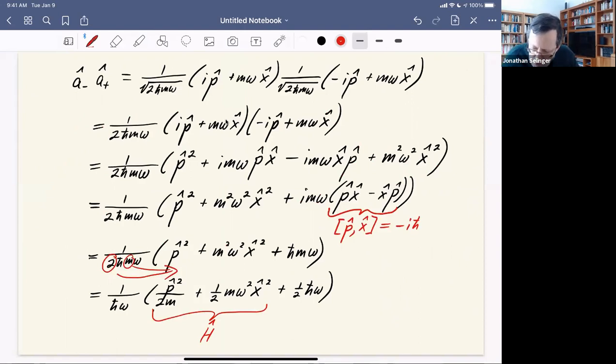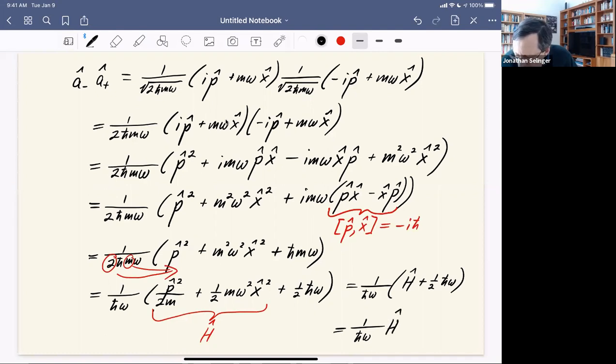In terms of the Hamiltonian, we get that this is 1 over h bar omega times the Hamiltonian plus 1/2 h bar omega. So that's equal to 1 over h bar omega times the Hamiltonian, all plus 1/2. So this is our combination A minus A plus.